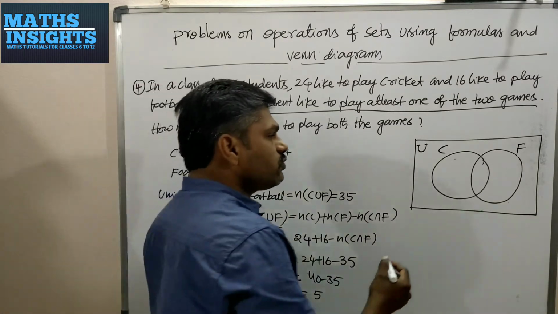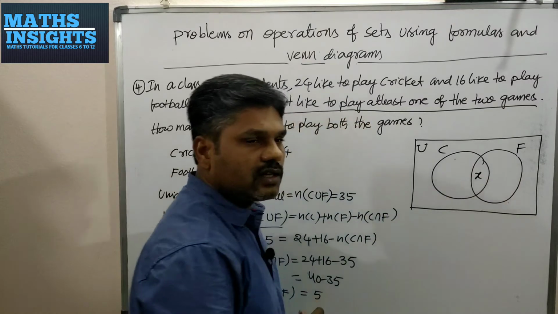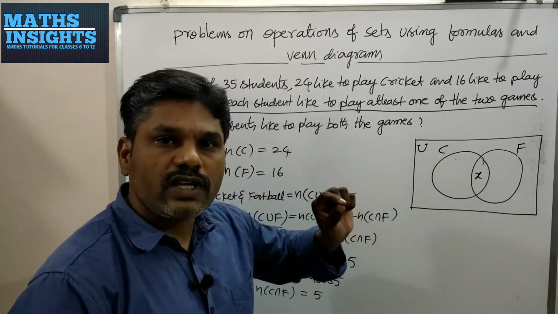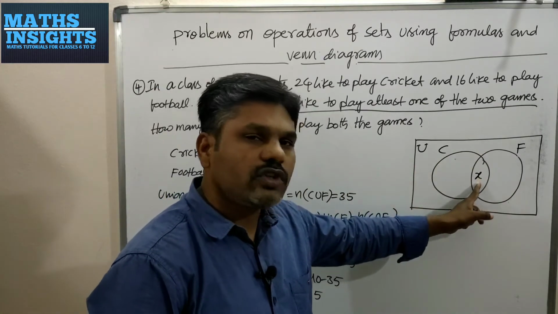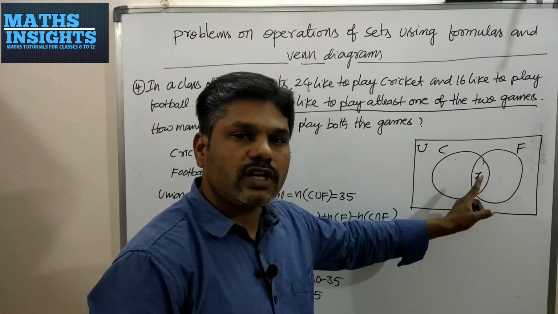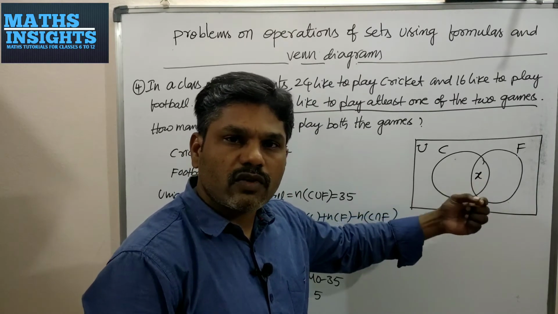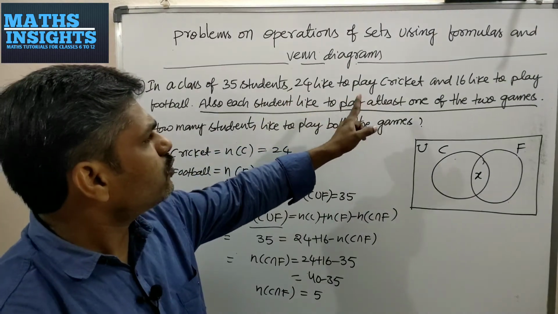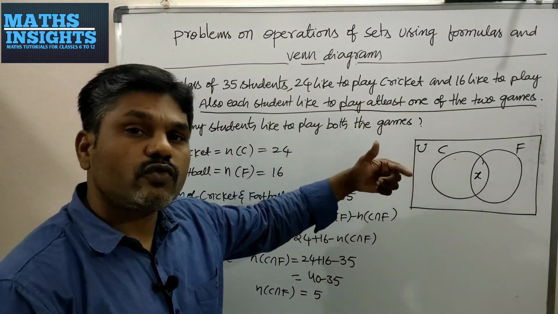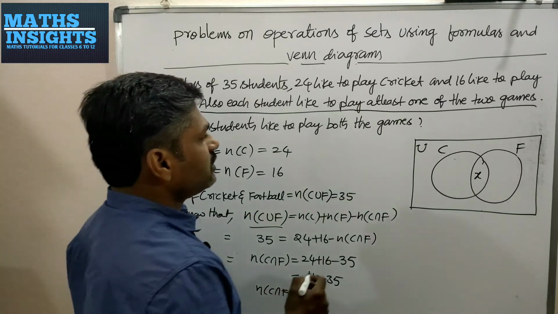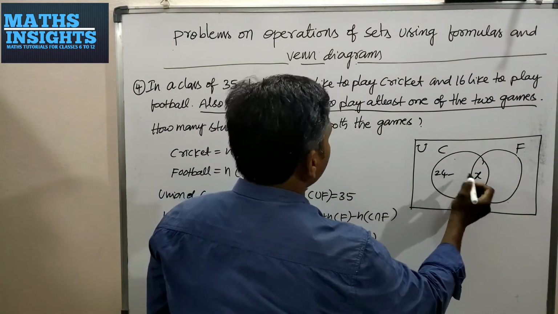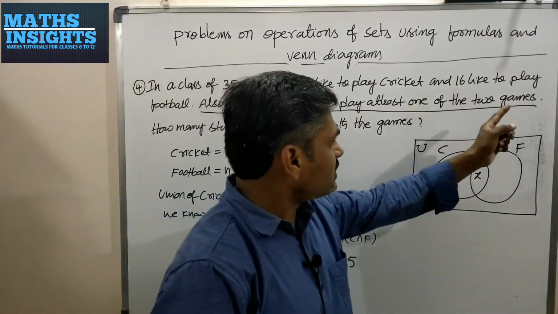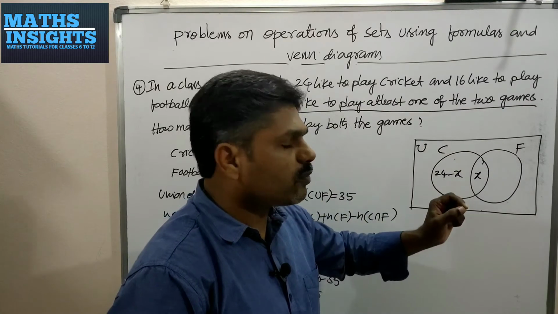I will assume that number as X. To write only cricket, you have to remove the players who are playing both games. X is the number playing both games, and 24 like to play cricket means they may play other games also along with cricket. Therefore you have to remove those playing football also: 24 minus X.